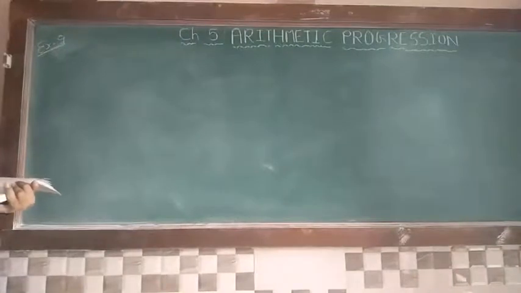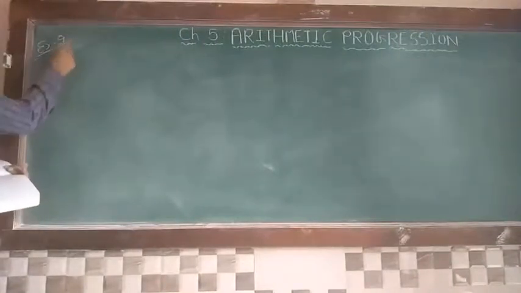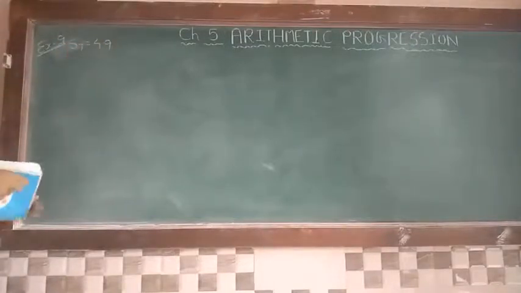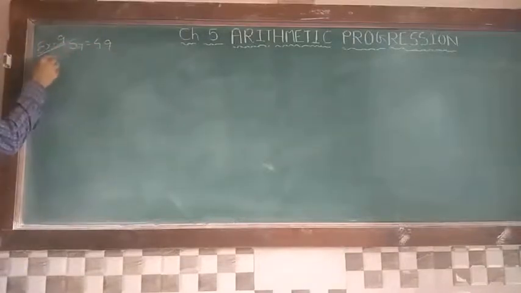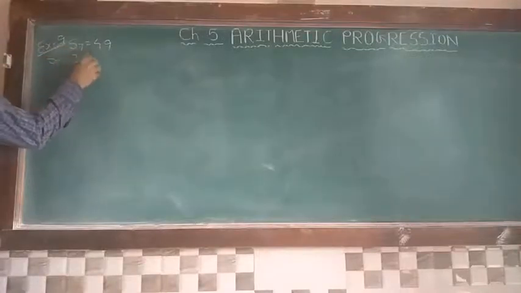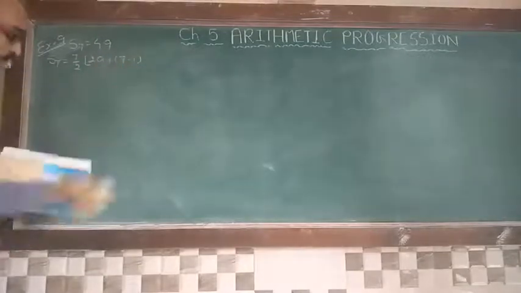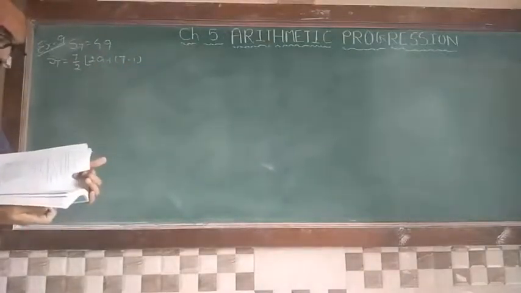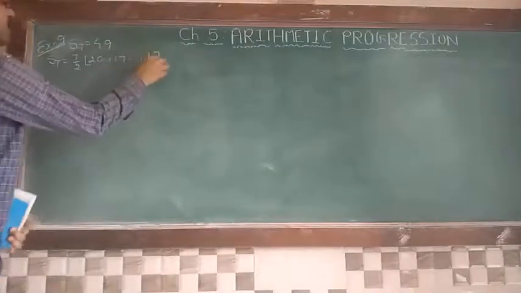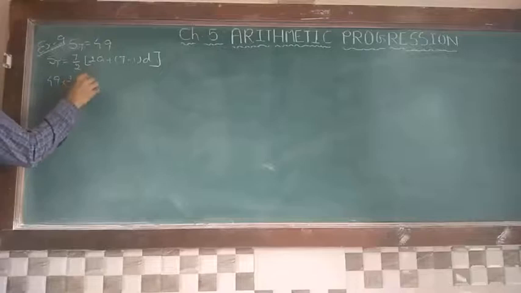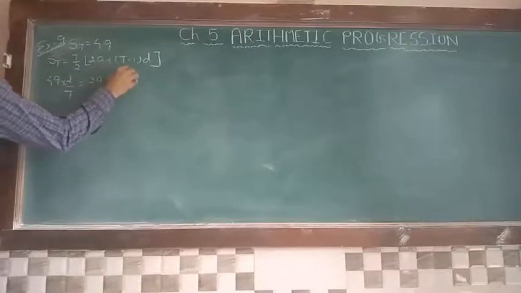Sum of the first 7 terms of an AP is 49. That means S7 is equal to 49 is given to you. Now see, S7 is equal to 7 upon 2 into twice A plus 7 minus 1 into D. D is not given to you, so it is D. So here 49 into 2, with 7 in the denominator, is equal to 2A plus 6D.